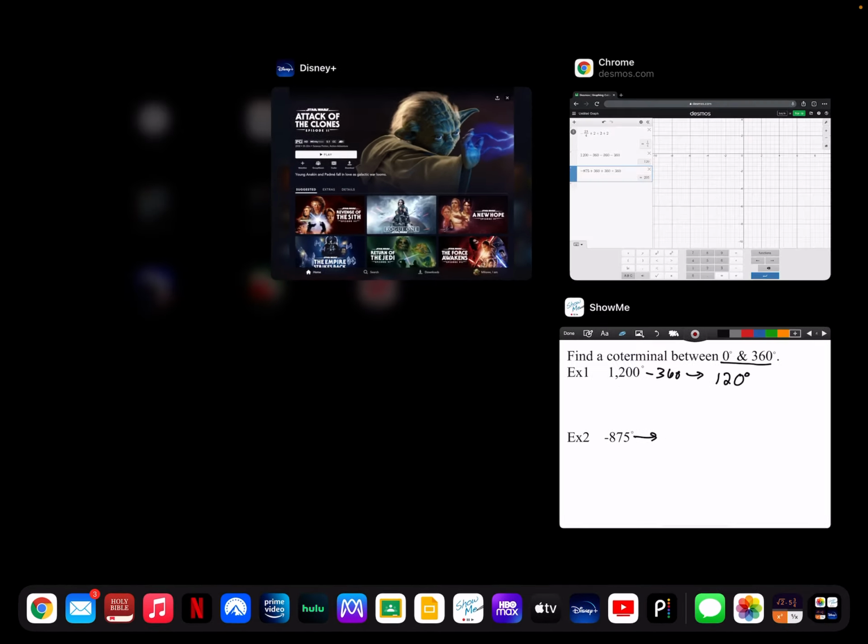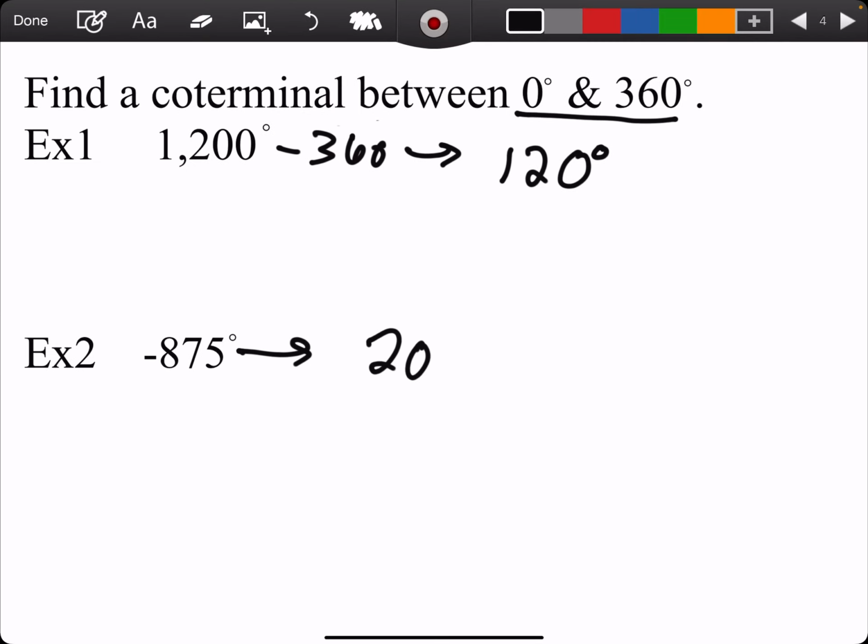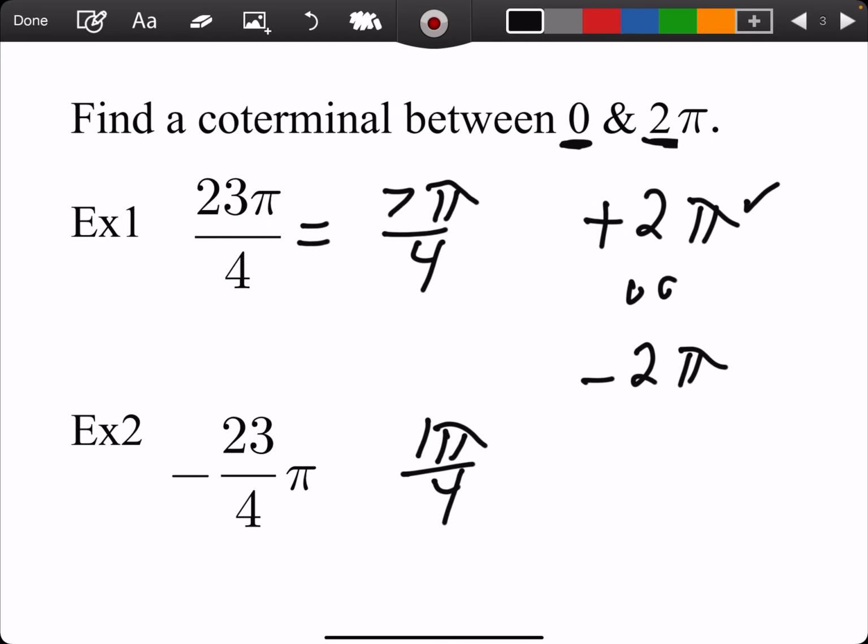So now I come back and I know that 205 is coterminal with negative 875. So with degrees, I'm either going to add 360 or I'm going to subtract 360 until they're between what I want them to be. And in radians, I'm going to add 2 pi or I'm going to subtract 2 pi. And that's what coterminal is.